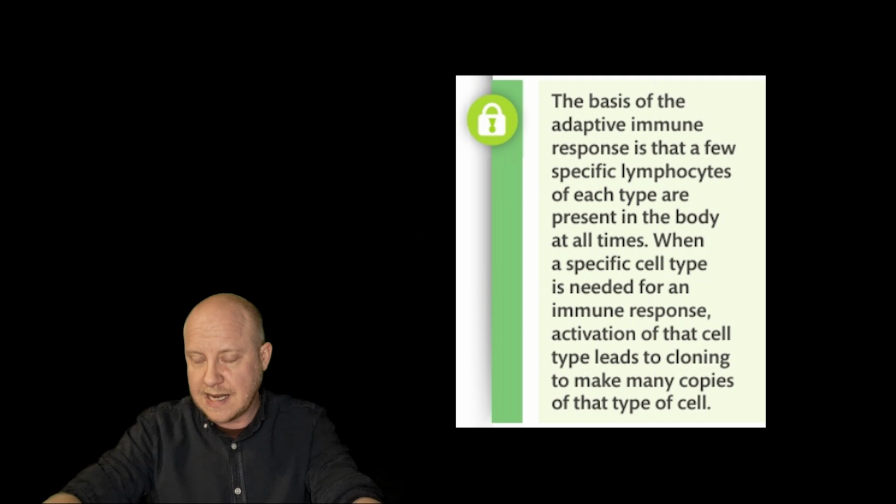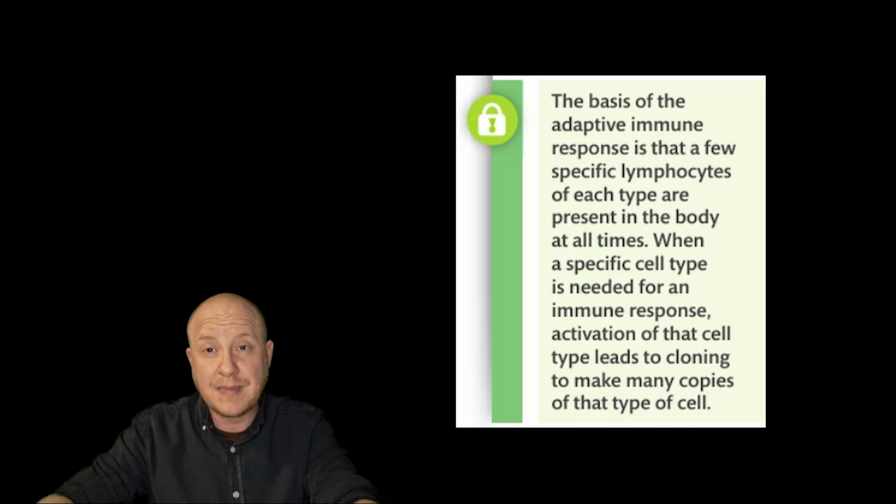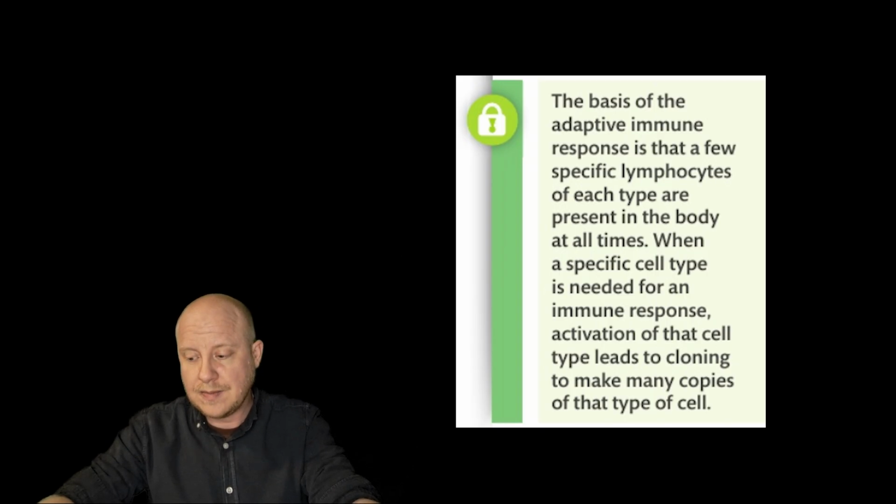The basis of the adaptive immune response is that a few specific lymphocytes of each type are present in the body at all times. So if you ever had the chicken pox, or certain influenza strains, your body has created specific leukocytes, specific lymphocytes here, and you still have them.